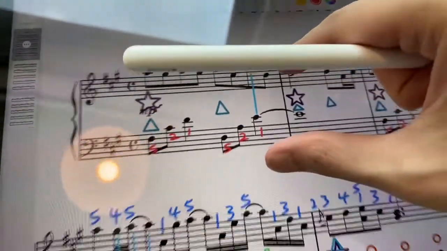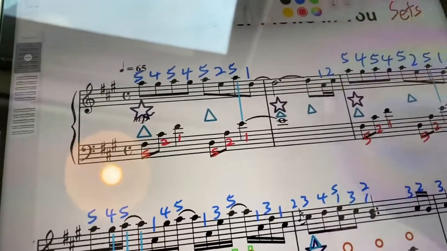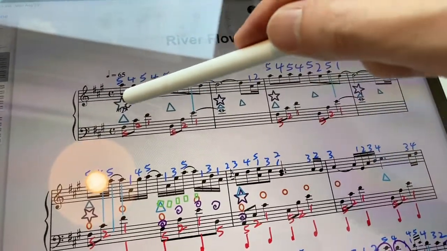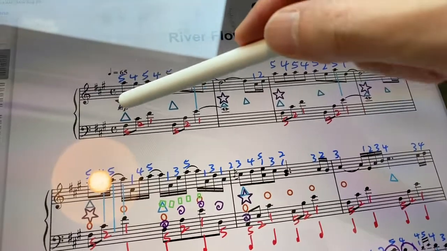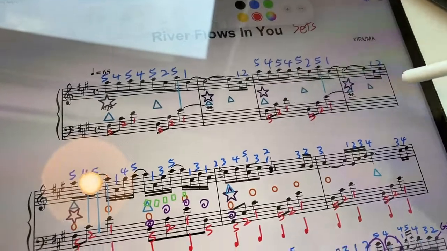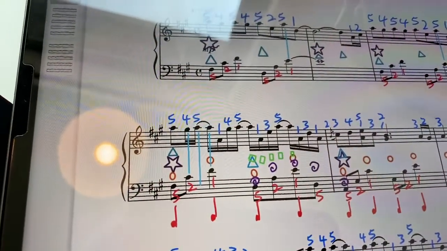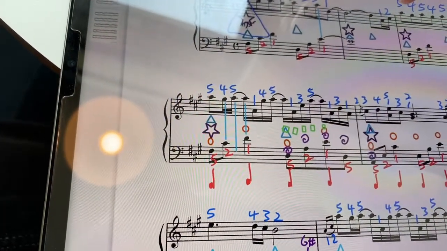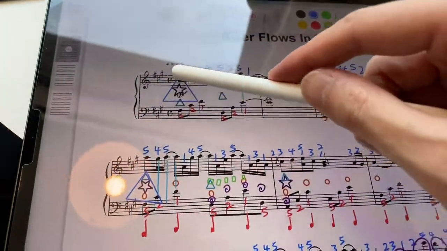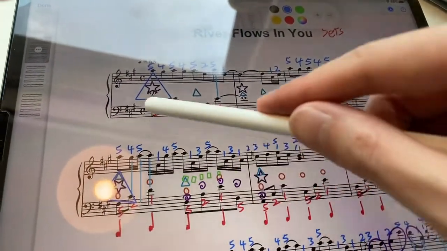So let's say, for example, here, if you asked a student to play, or you yourself played, assuming that you're not a high-level pianist just yet, this four measure set. Let's say that you wanted to play from here all the way to over here. For a lot of students, that would be too difficult right off the bat.